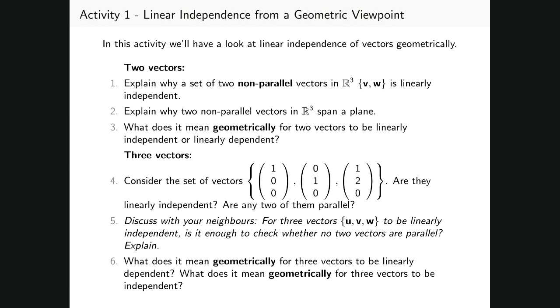Right, so if we've got three vectors here, U, V, and W, and these are living in a three-dimensional space, then what we're asking is that each of the planes spanned by any pair of vectors are distinct.